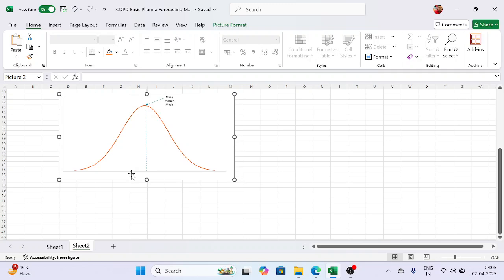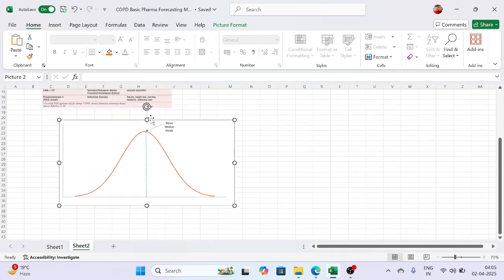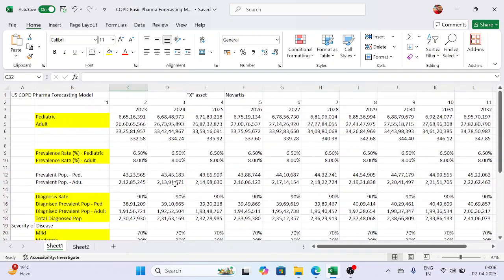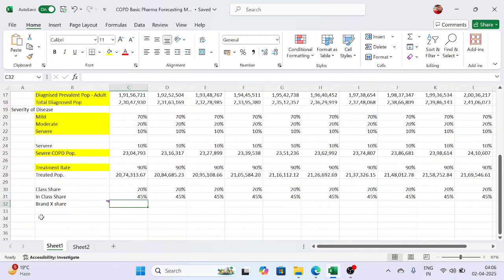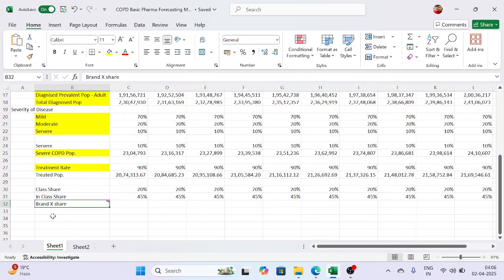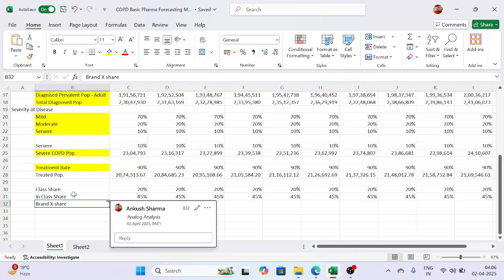The product share of that drug will increase gradually until it reaches the maturity phase. In pharma forecasting, this is, I would say, the most important skill, because anyone can scrape the data, anyone can do these basic calculations, but the most important part is to calculate the share of your brand or your drug.